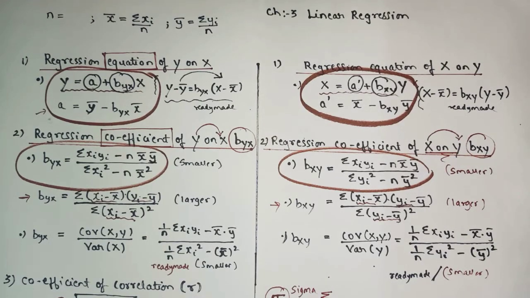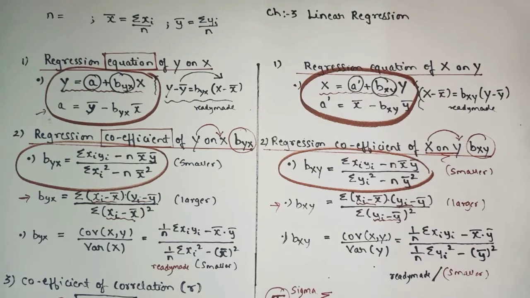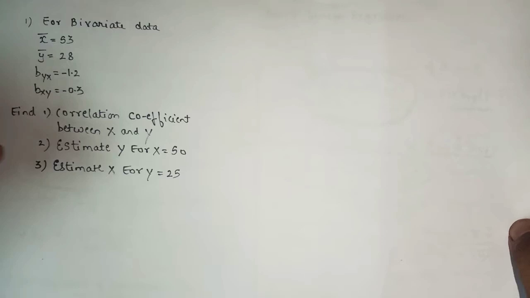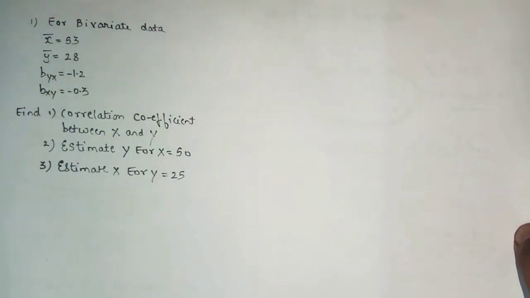Hello students. So now in this lecture we're going to start with the second exercise, that means type number 2. Type number 2 is based on ready-made values. It means you will have these ready-made values.